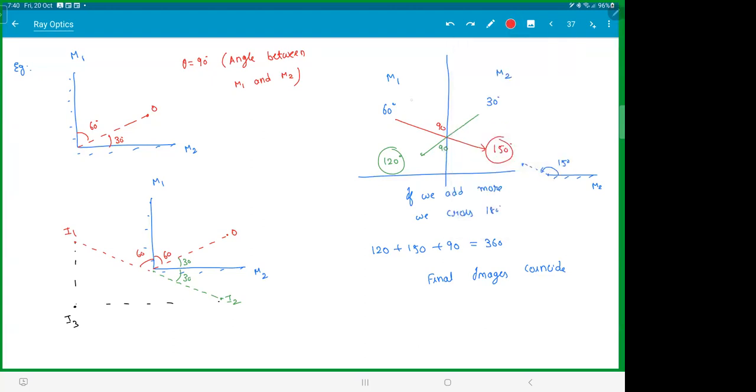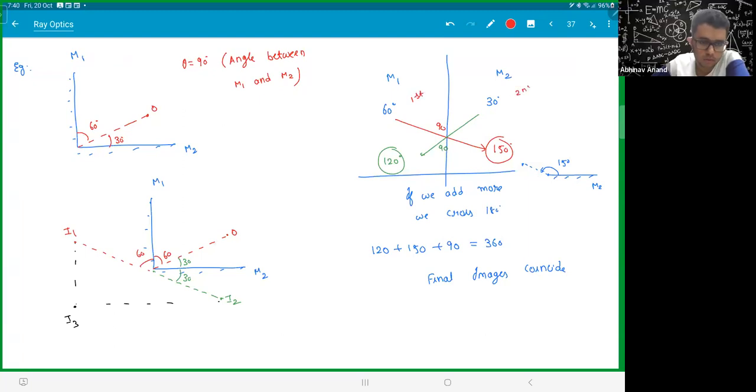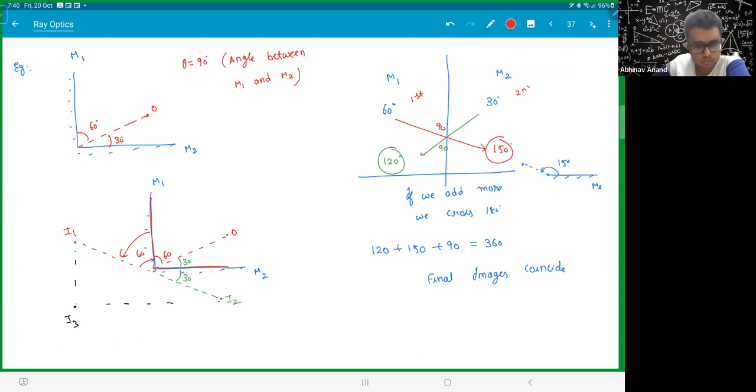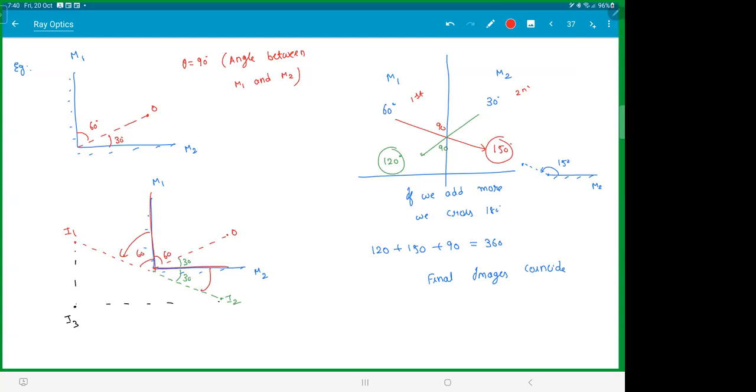See, this is the first image. From this mirror, we got an angle at 60. This is 30, and the other one you can measure like this also. Actually, you can go like this to 120, or you can go to 150, or 120.